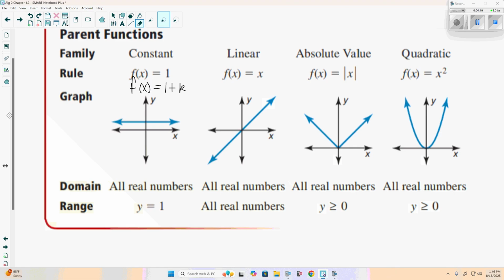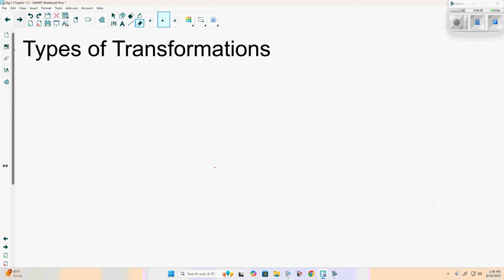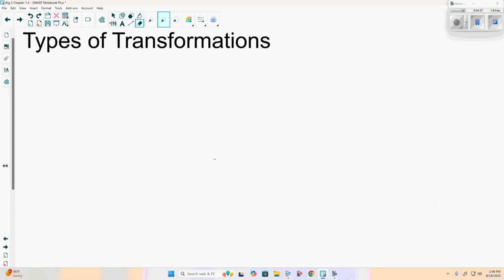Now, we can apply different transformations to them. The first type of transformations we're going to talk about are translations. But before we get to that, we're going to look at the general forms. Linear function.